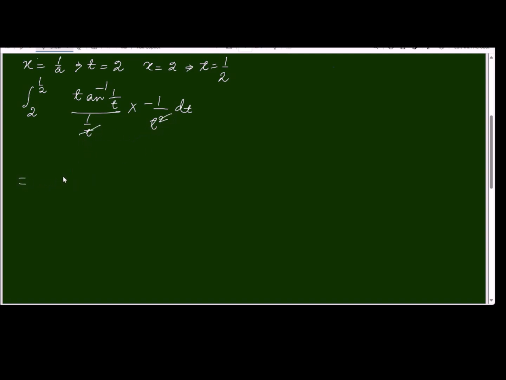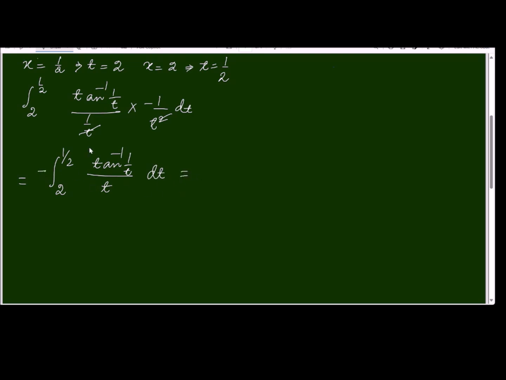So it will be integral from 2 to half of tan inverse 1 by t over t dt. There is a negative sign here.